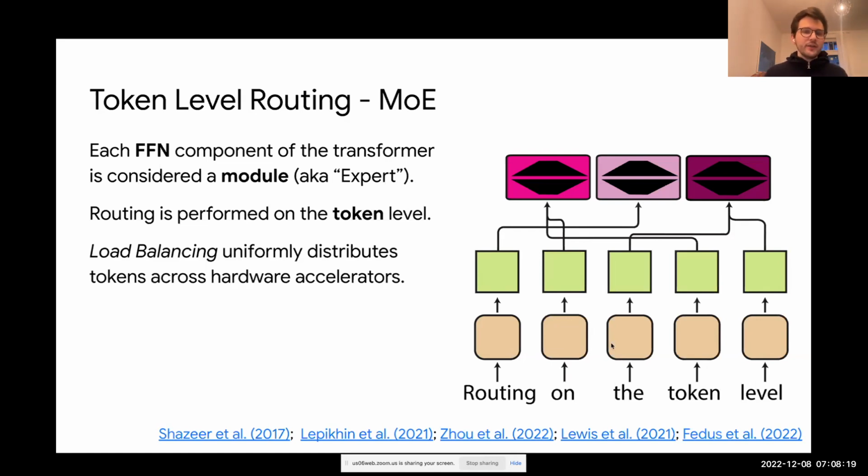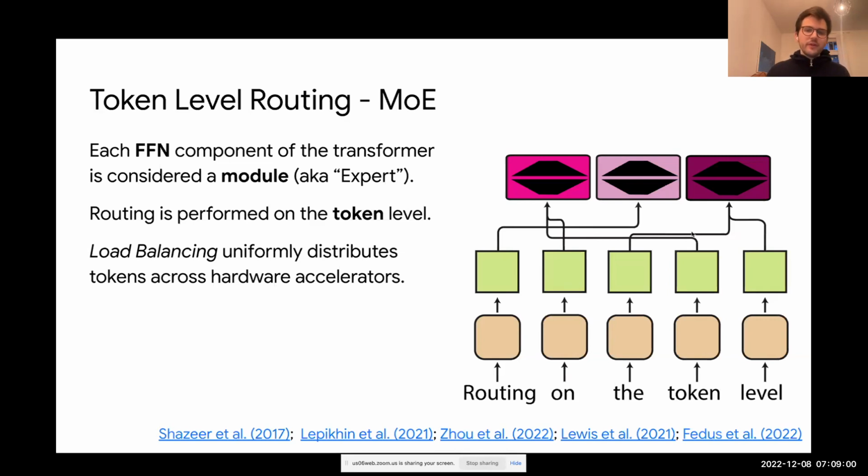Now, because the objective of these approaches is not modularity, but actually an efficient training of these very deep models, the idea is to sparsely activate a large set of experts. In order for this to work, load balancing has to be implemented, meaning that ideally we want to uniformly distribute these tokens across hardware accelerators.